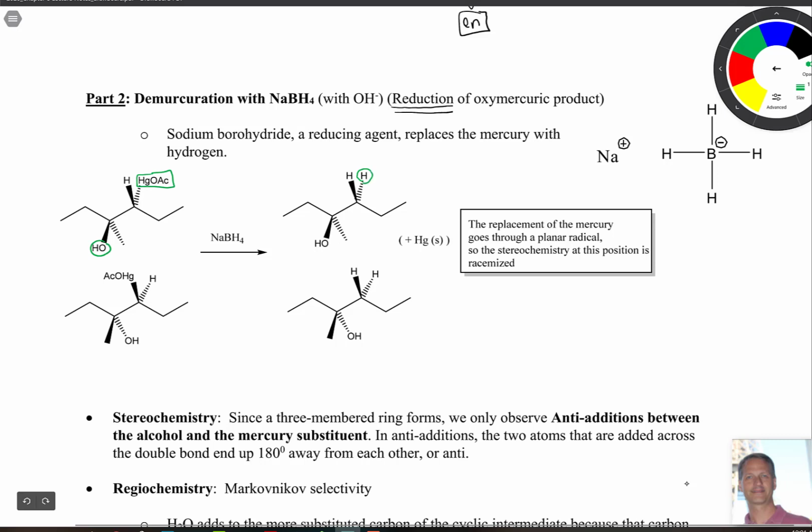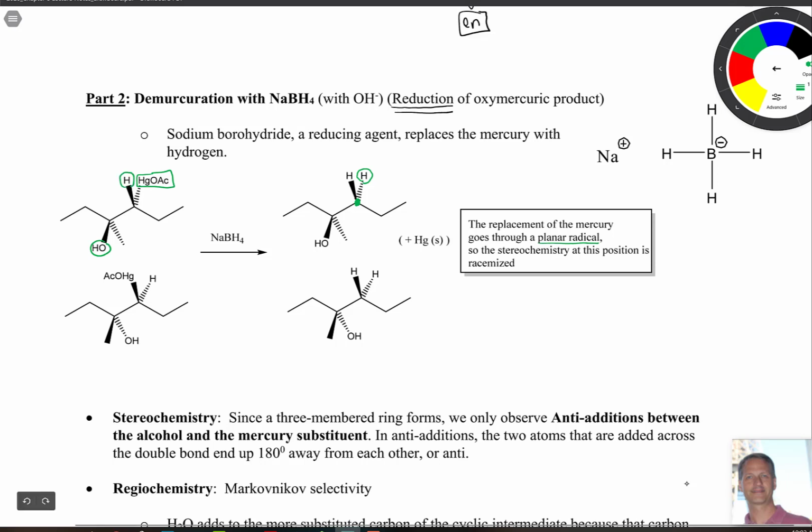Just a side note on this, that replacement goes through a planar radical. So that carbon, if it was a stereocenter, could be racemized. It turns out that, as we look through this chapter and other examples, we typically don't see that because there's already one H here.